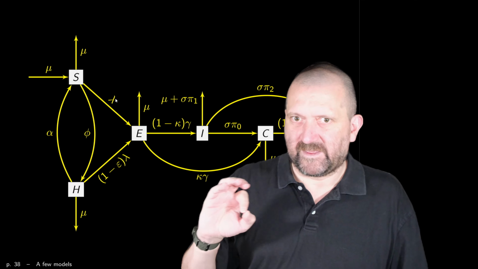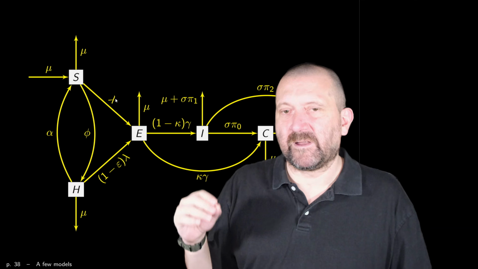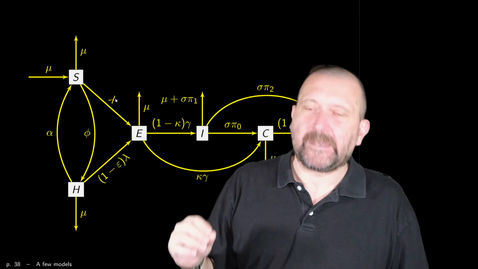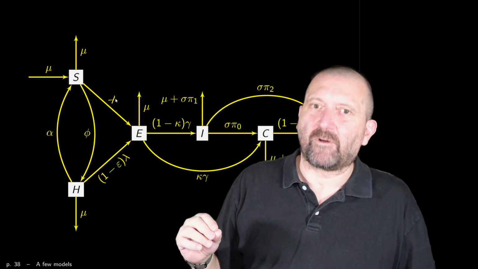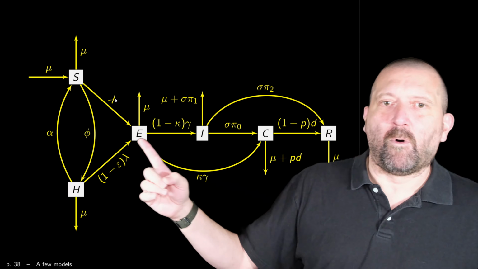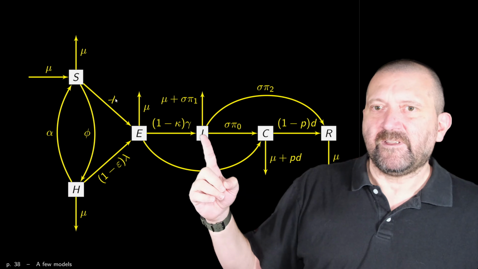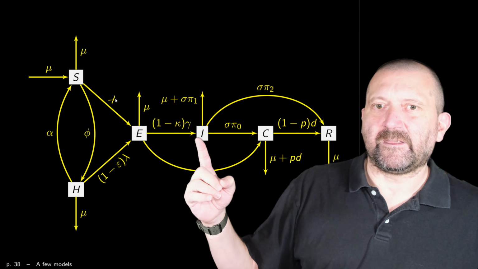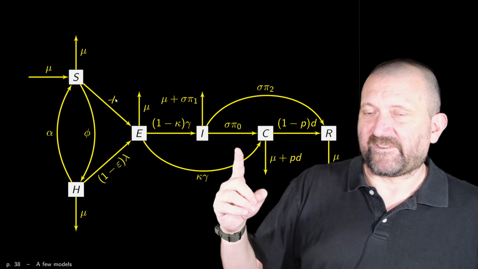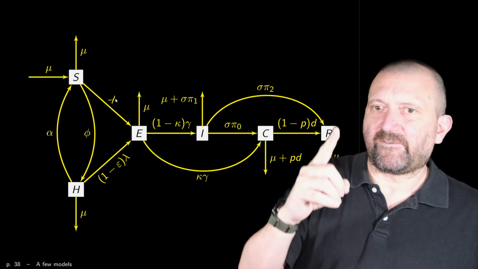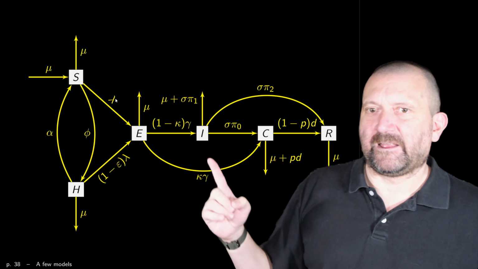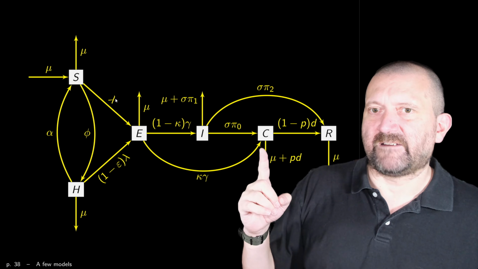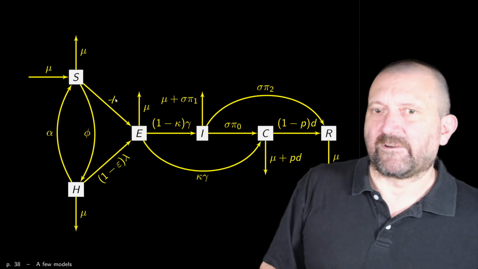So the animal is infected, but it is not showing symptoms. Or it can show symptoms, and after showing symptoms, it can either progress into a carrier stage or progress into a recovered stage. And likewise, an individual that is a carrier can recover.